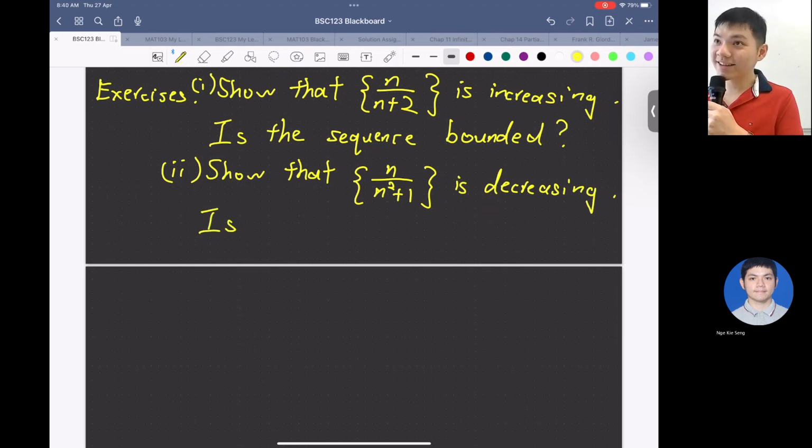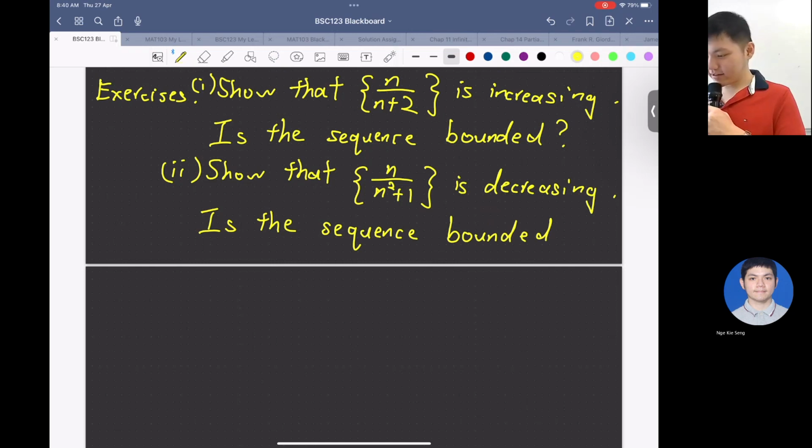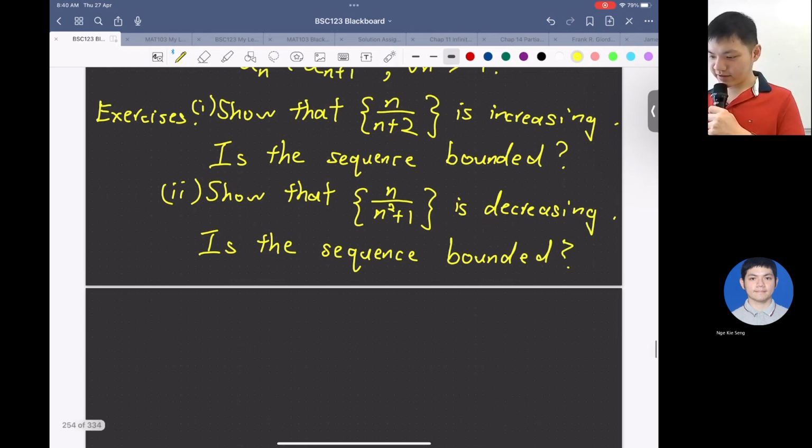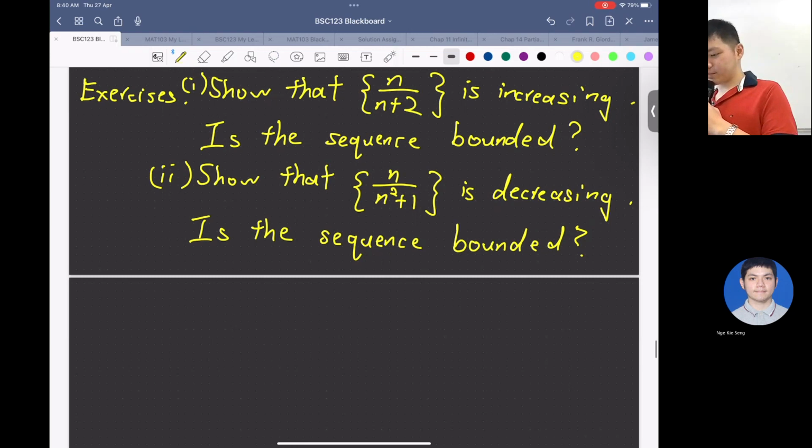Is the sequence bounded? Do you need an example first? Maybe I do one example first. Okay, let me do one example.